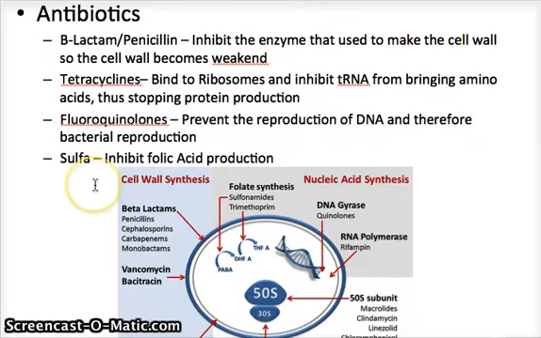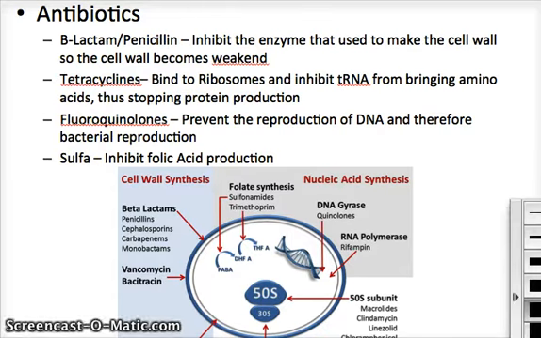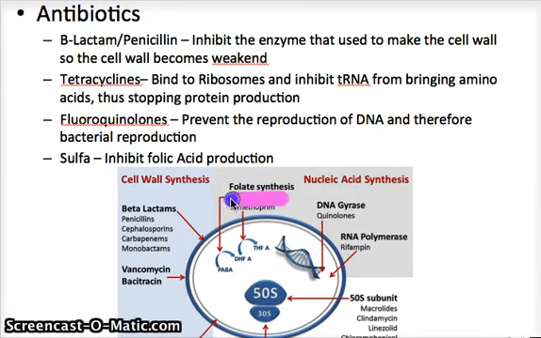Alright, one more thing before we get to the essential questions. We have our antibiotics. We have our sulfa drugs that inhibit folic acid. We have our quinolones that inhibit DNA replication, so our bacteria can't replicate.